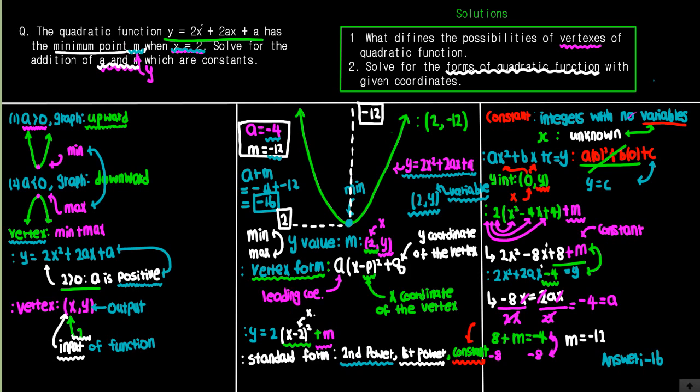So our m value, which is the y-coordinate of our vertex, was negative 12, and our a value, which was the variable, was negative 4. And if they wanted the addition of these two numbers, we got the answer, which was equal to negative 16.